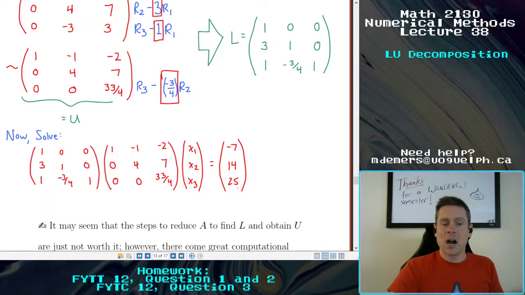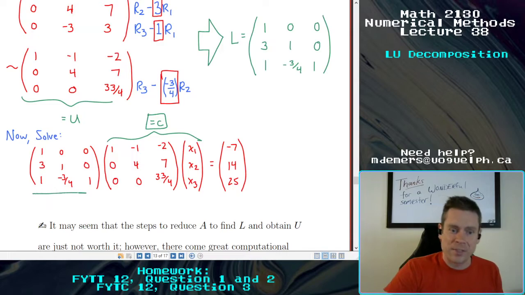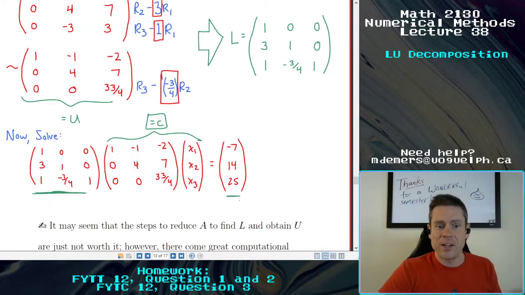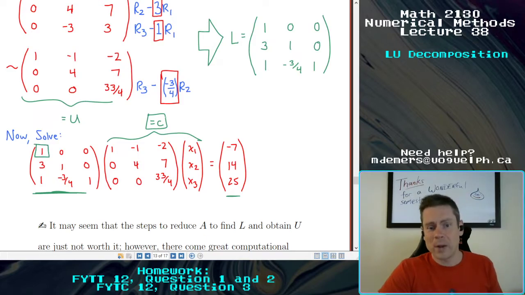And here are the 2 steps. This product right here is going to equal some C. What we can do is figure out what C is by using this matrix and this value right there. Because look, I have 1 times whatever C1 is equals negative 7.